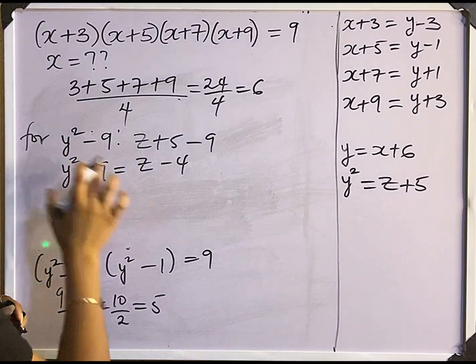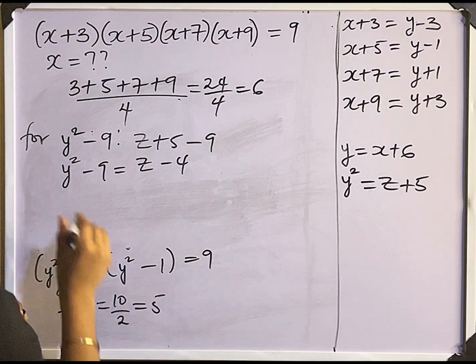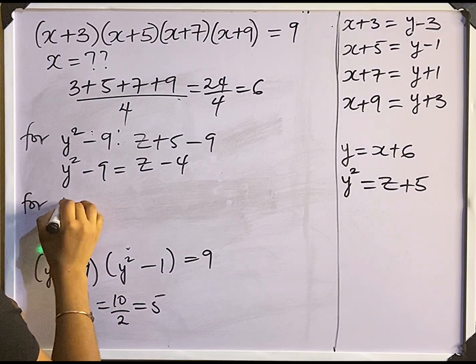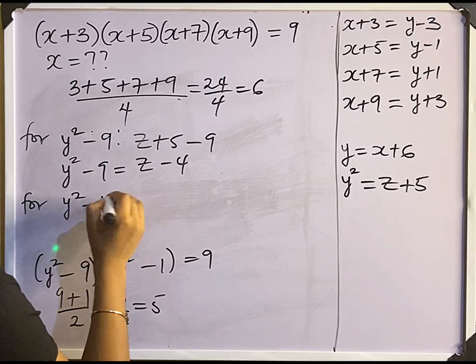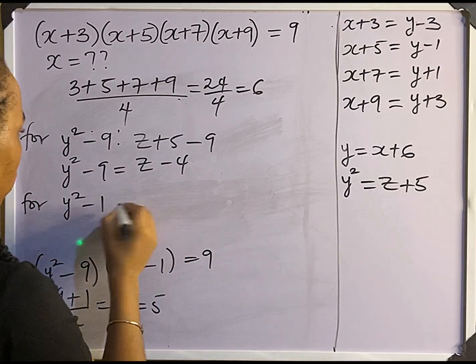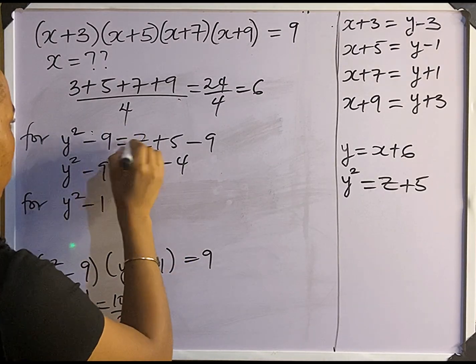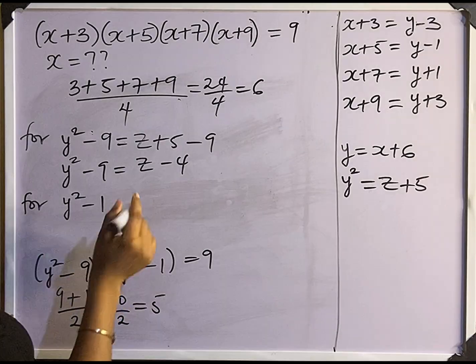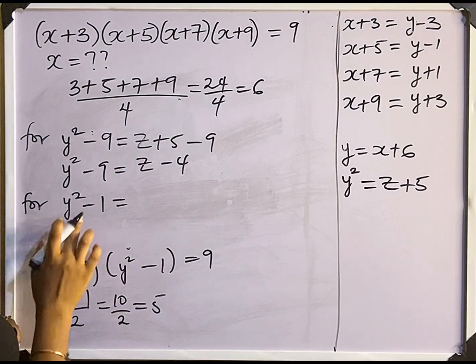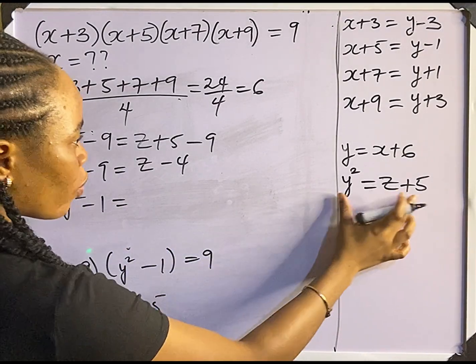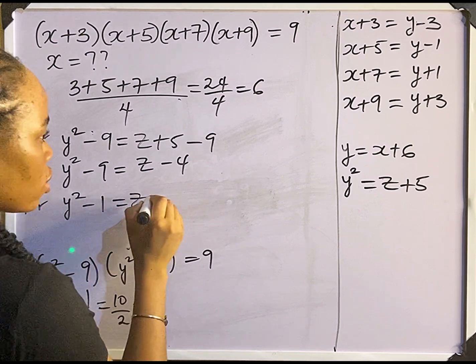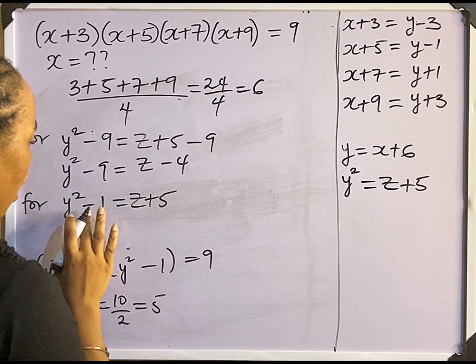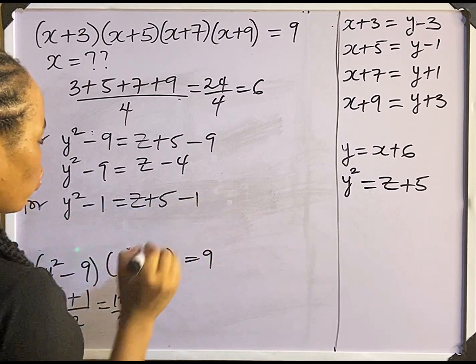Then for y squared minus 1, what's my y squared again? My y squared is z plus 5 and then minus 1.